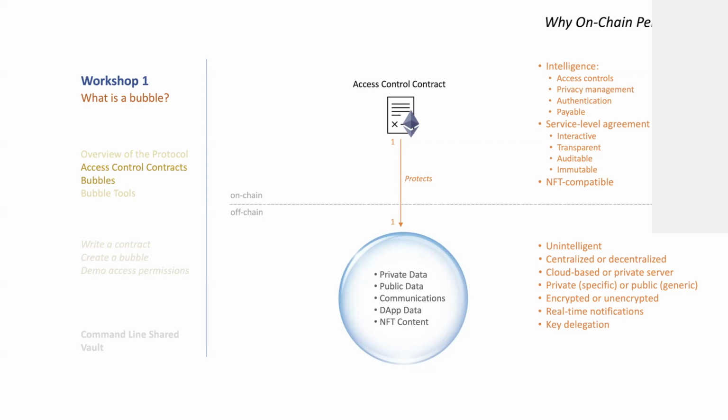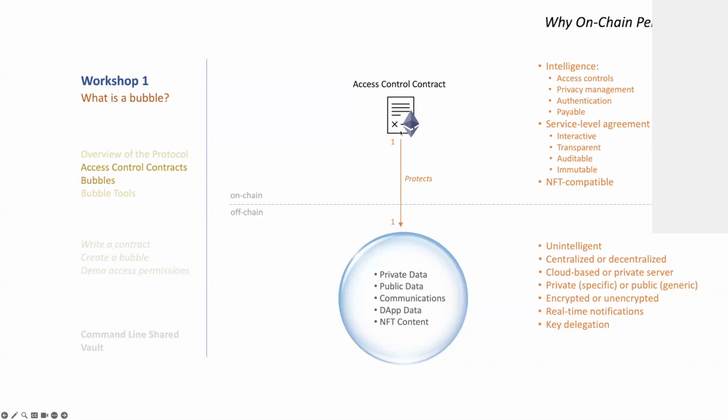So your on-chain logic can be changing the permissions based on its internal state, based on external oracles, based on NFTs, so who owns this NFT.